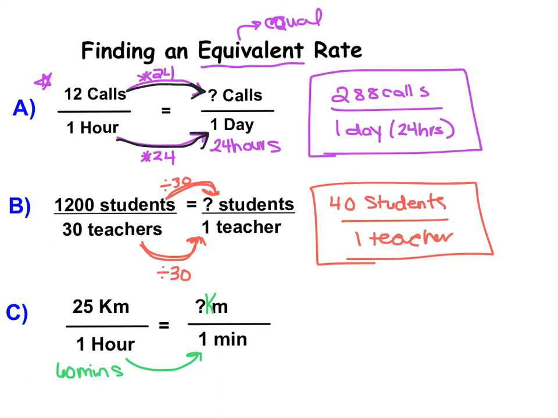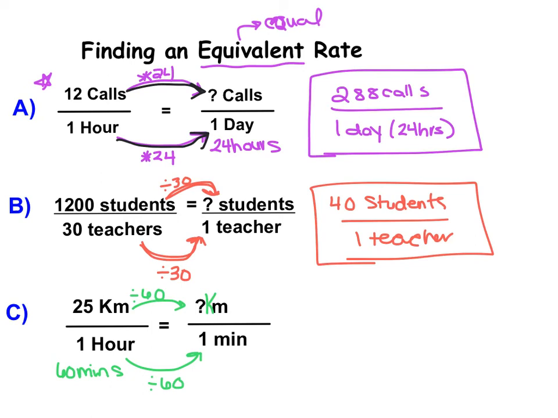That's something I know about the relationship between hours and minutes. I can travel 25 kilometers in an hour, which means in a minute I should travel less. So I'm going from 60 minutes down to 1 minute, so I'm dividing by 60, which means I'm going to have to take that 25 and divide it by 60 as well.